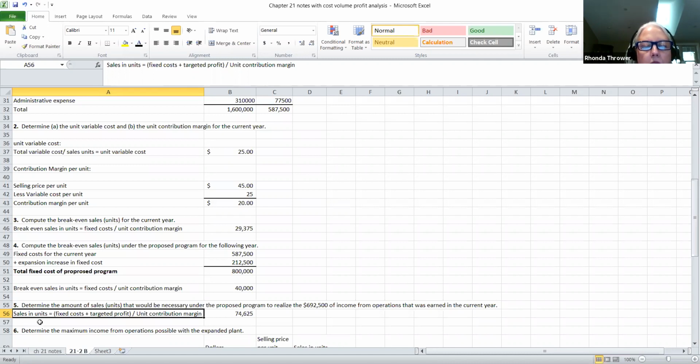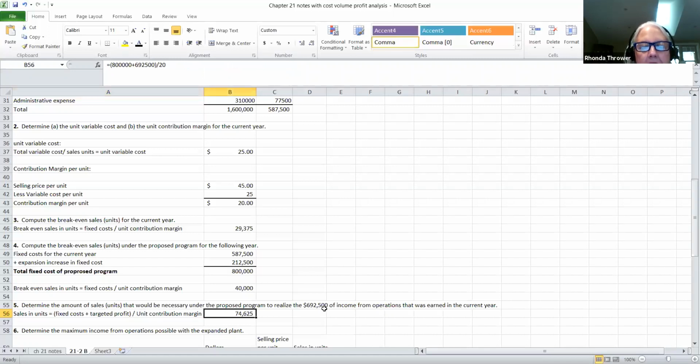The number of units that you have to sell in order to meet this profit of $692,500. You can use a formula similar to the break-even formula, in that we take our fixed cost. The only difference is we're adding our targeted profit to our fixed cost and then dividing it by the contribution margin. And that's going to tell you how many units you have to sell in order to realize an income of $692,500.